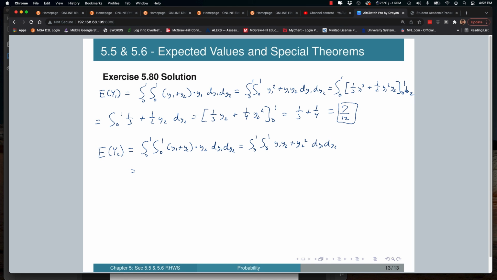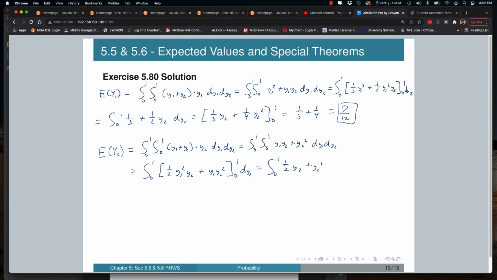Which equals, outer integral still there, inner integral with respect to y sub 1, we should get 1/2 y sub 1 squared y sub 2 plus y sub 1 times y sub 2 squared from 0 to 1 dy sub 2, which cleans up rather nicely to 1/2 y sub 2 plus y sub 2 squared.